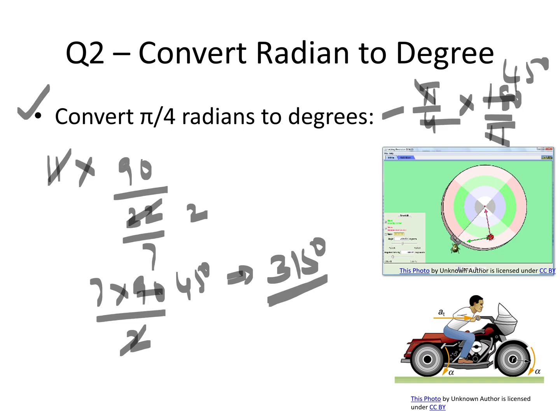The only key concept is: degrees to radians means you have to multiply with pi by 180, and radians to degrees means you have to multiply with 180 by pi. So these are the other two examples where radians and degrees play an important role.